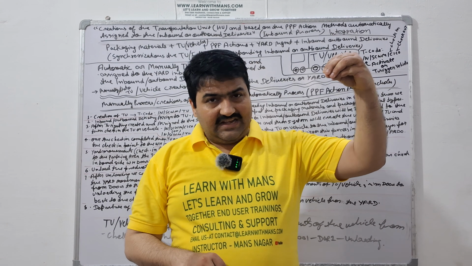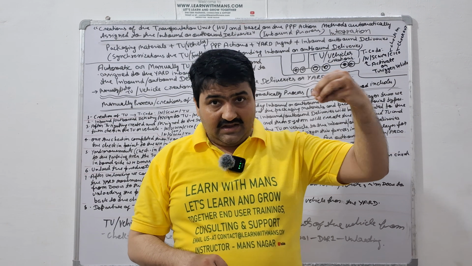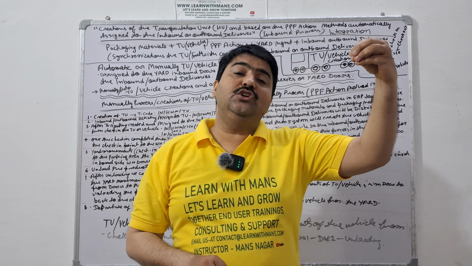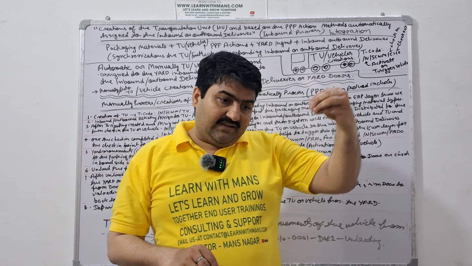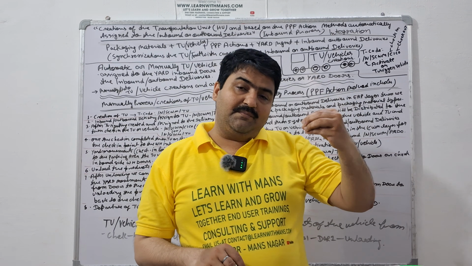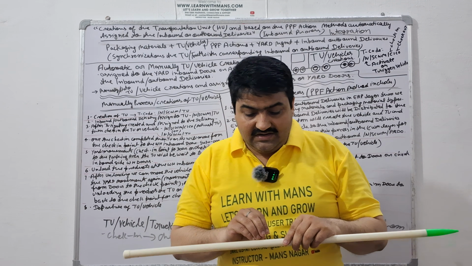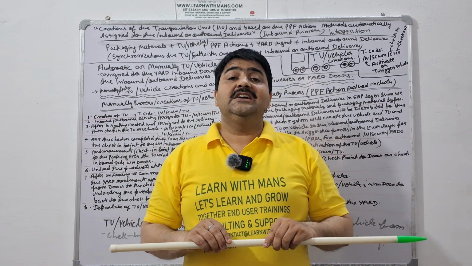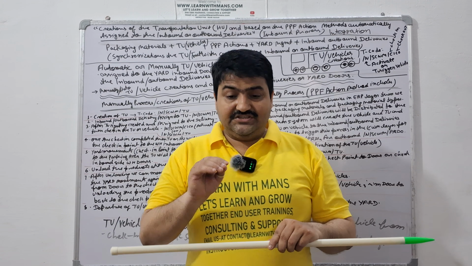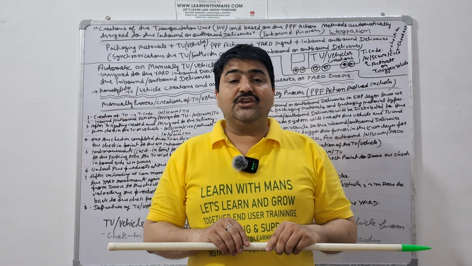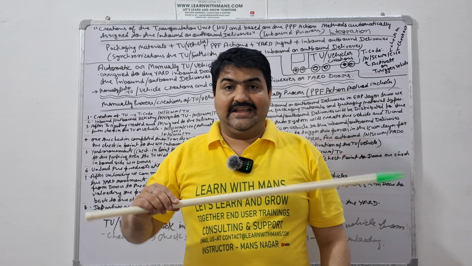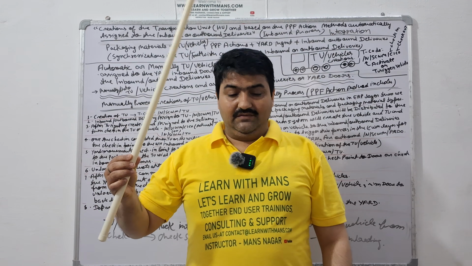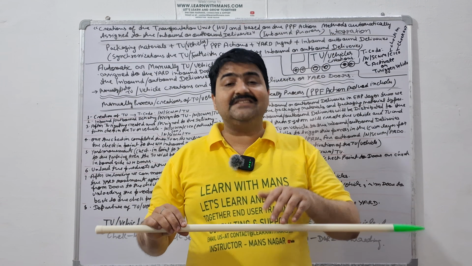We have the main entrance gate, from where the truck or transportable unit, in short TU, enters. After entering the yard premises, the transportable unit first needs to pass the check-in point, which we call the security point, where the security people sit.